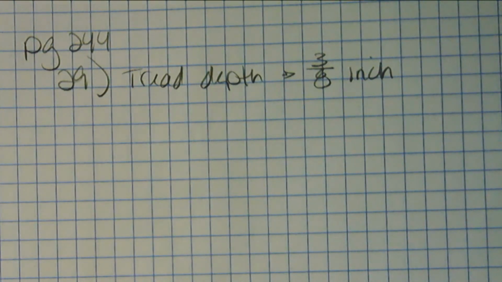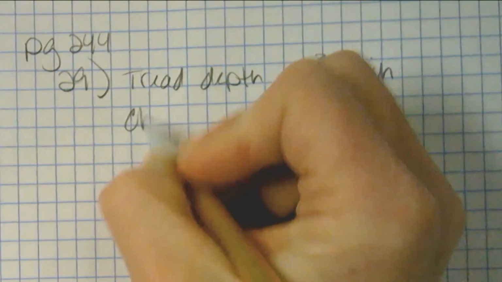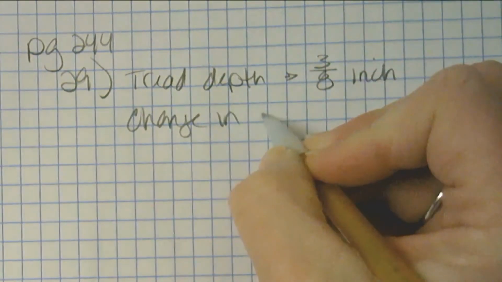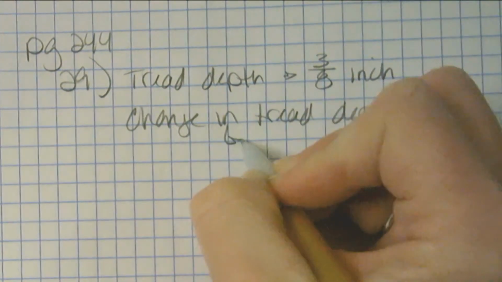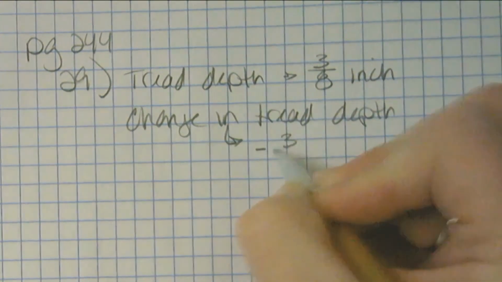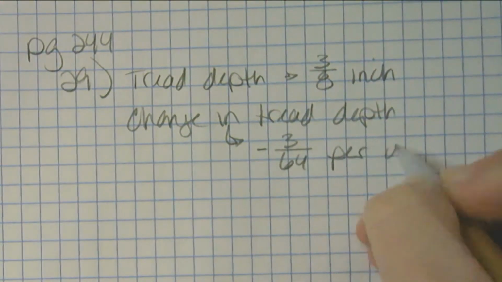Those are treads. Okay. So it said the tread depth on your family's car tires is 3/8 of an inch. You predict, as a result of driving the car, the change in tread depth will be about -3/64 per year. So our change in tread depth is -3/64 per year.